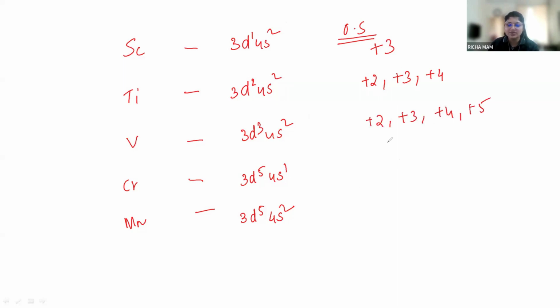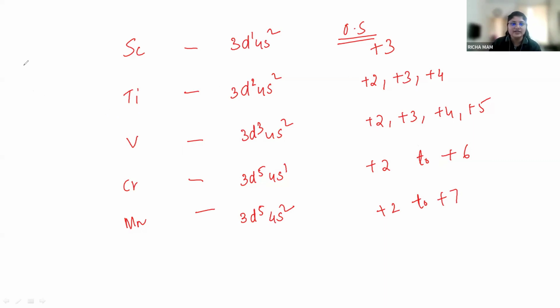Here the maximum is 6, so it will show +2 to +6. Then here, how many? 7, so it will show +2 to +7. These are the different variable oxidation states shown by these first five elements.